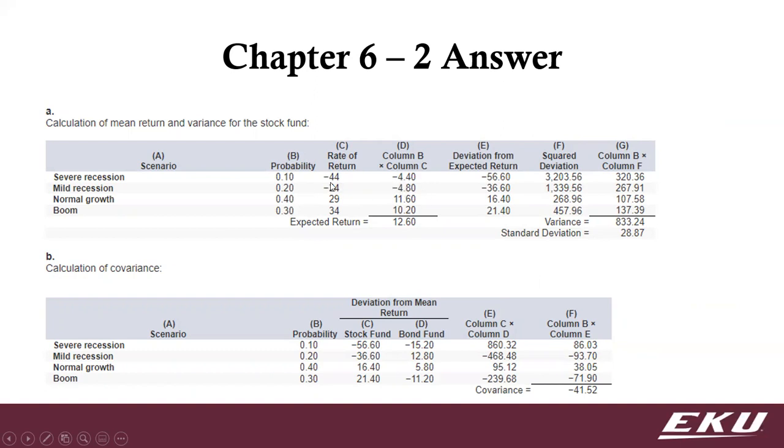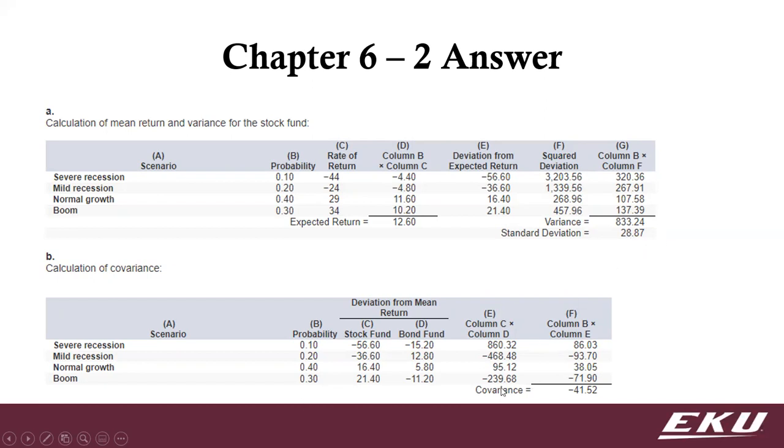And then how far is this expected return from each of those? That's the deviation. You square that, take this squared deviation times the probability that we're in each of those states to get this, and add those up. That's the variance. The square root of variance is the standard deviation.